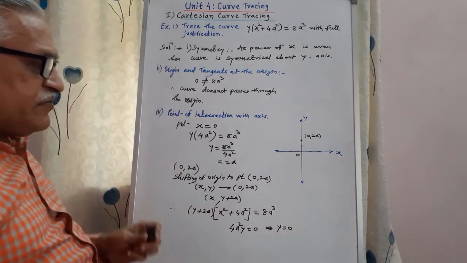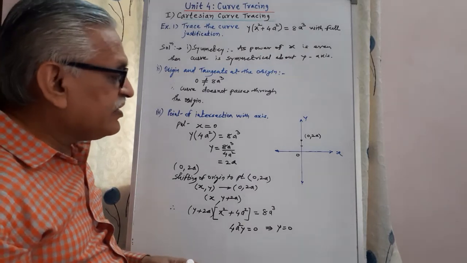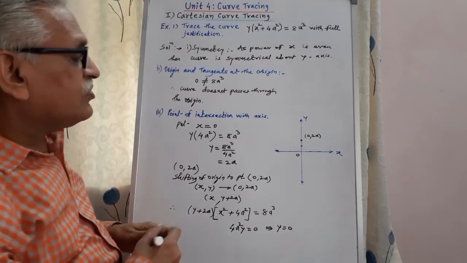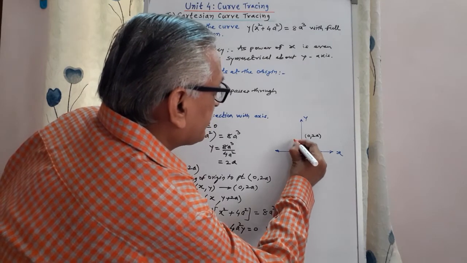Y equals to 0 means x-axis as the tangent, but a new x-axis. Therefore, I will draw a new x-axis, a line parallel to x-axis.